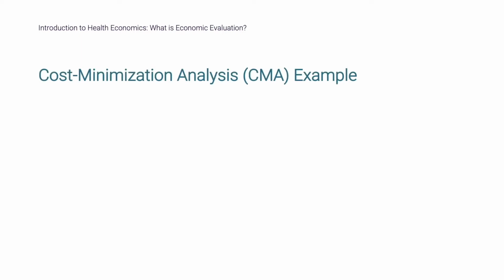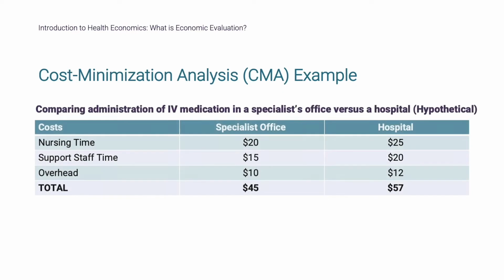A cost minimization analysis, or CMA, is based on the understanding that the interventions being evaluated lead to equivalent outcomes. In this case, only costs need to be evaluated, and it is presumed that the least costly intervention would be preferred. For example, a CMA could be used to examine the cost consequences of administering an IV drug in a hospital or a specialist's office.